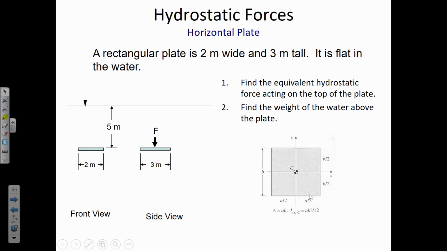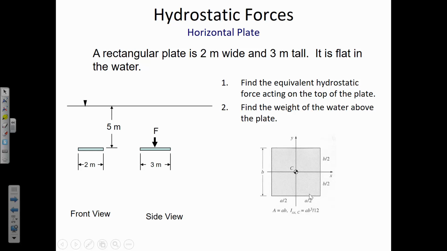In this case, you'd find the location of the force just by inspection. The equivalent force would be in the middle of that plate. So if the plate is 2 by 3, then it would be 1 meter from this edge and 1.5 meters from the other edge when we look at it from the side view.